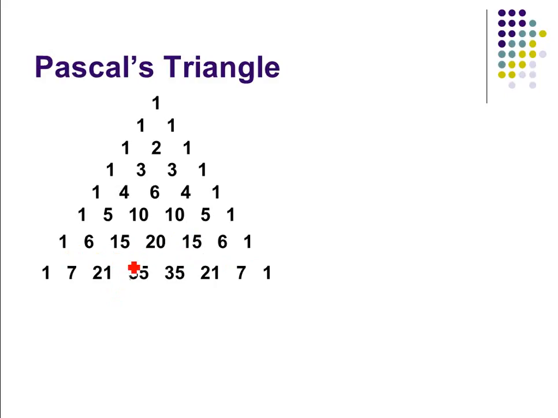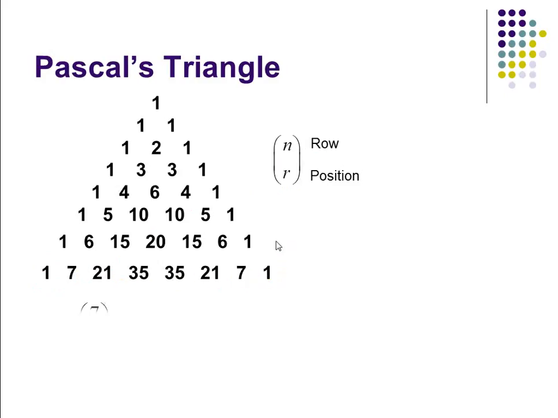Now, for any particular row, you can find what the position is. This N stands for the row. R is the position. When you look at the positions, this is the 0 position. First, second, third, fourth, fifth, sixth, seventh. That's the way it goes.